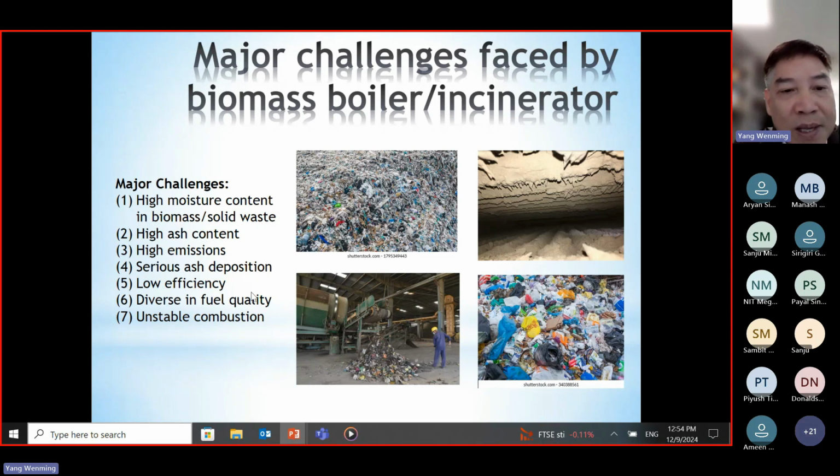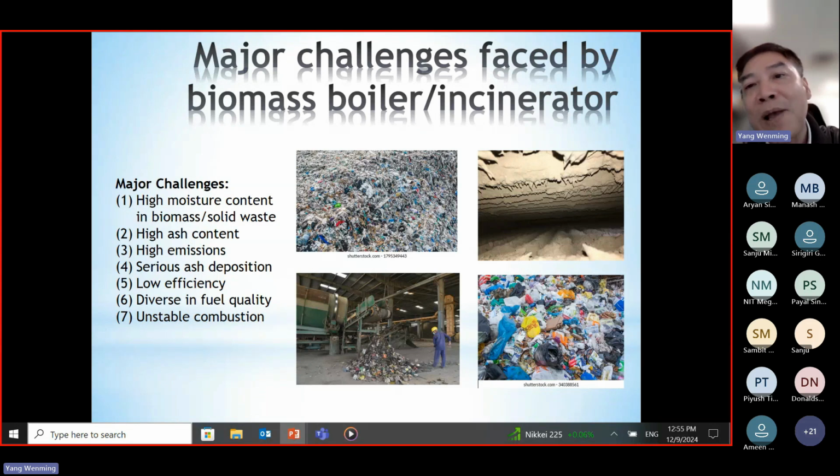And the next one is the diversity in fuel quality. If you look at this rubbish, some of it has a good heating value, and some other rubbish doesn't contain any energy, correct? So it is very diverse in terms of fuel quality. Some contains high ash, and some doesn't contain high ash, correct?